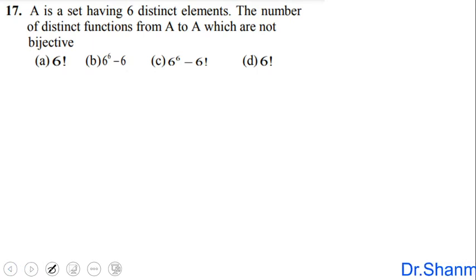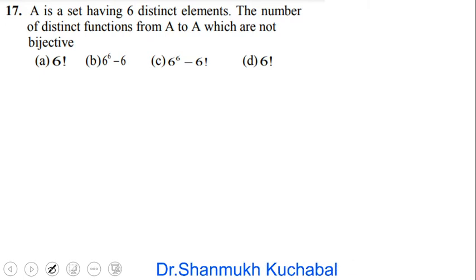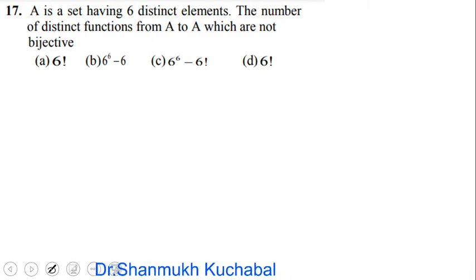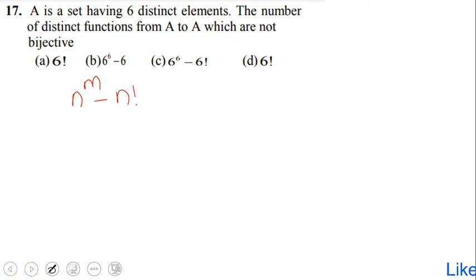The question is, A is a set having 6 distinct elements. The number of distinct functions from A to A which are not bijective. The formula for this is n raised to n minus n factorial, where n is the number of distinct elements here.